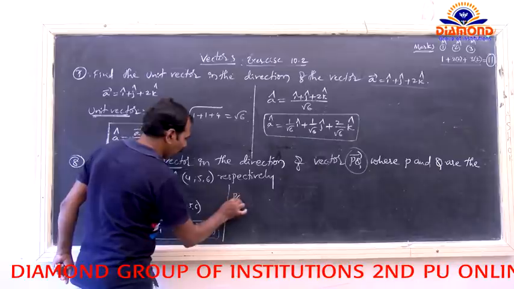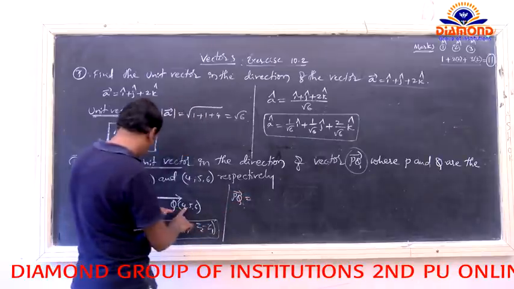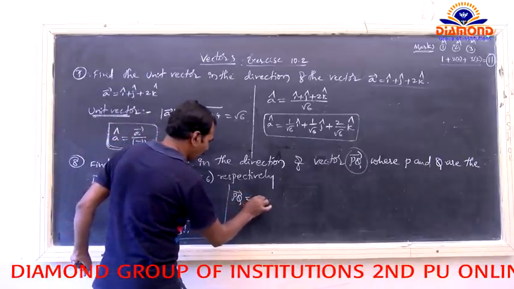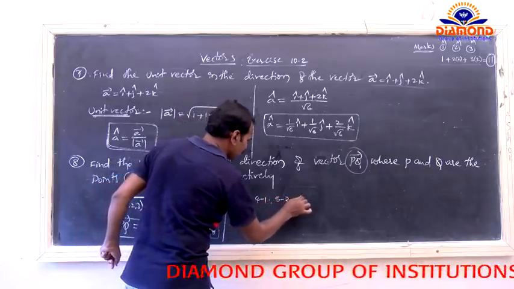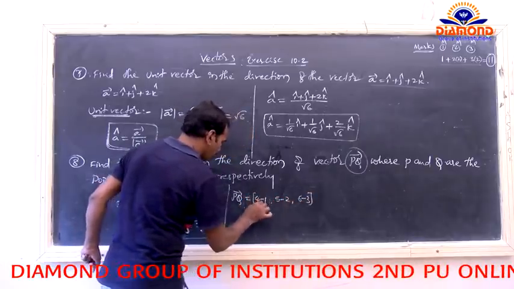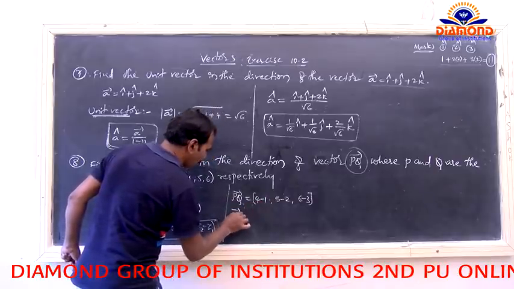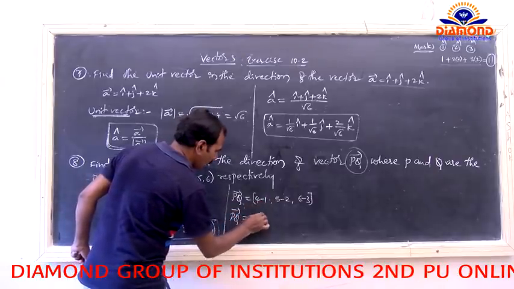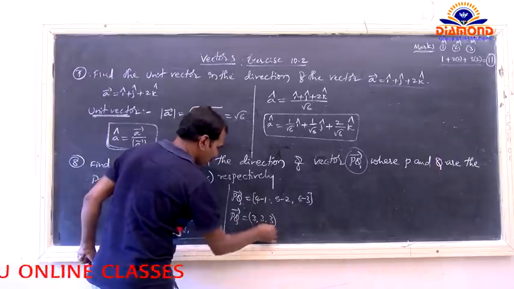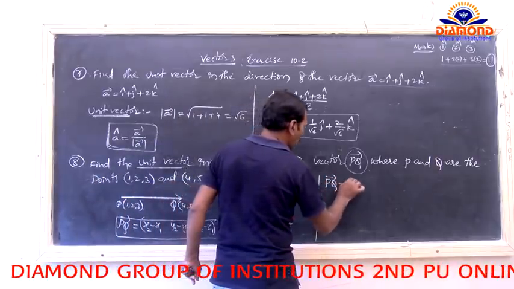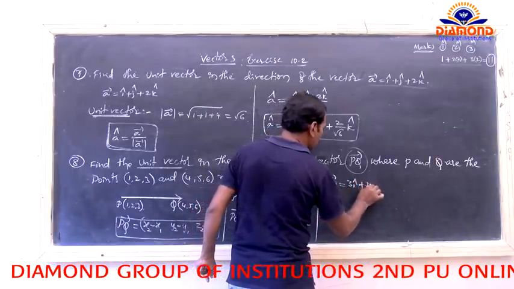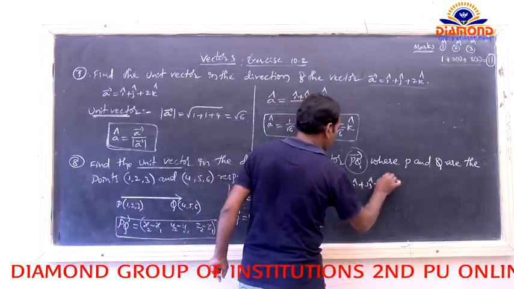So PQ vector equal to 4 minus 1, 5 minus 2 and 6 minus 3. So PQ vector equal to 3, 3, 3, which means PQ bar equal to 3i cap plus 3j cap plus 3k cap.